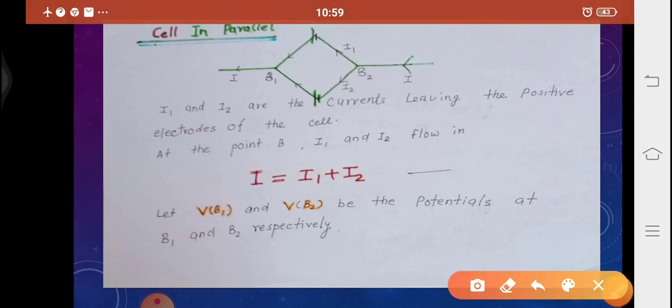Here we have two cells. This is cell E1, this is cell E2. I1 current will flow through this cell and I2 current will flow through this cell, and I equals I1 plus I2.